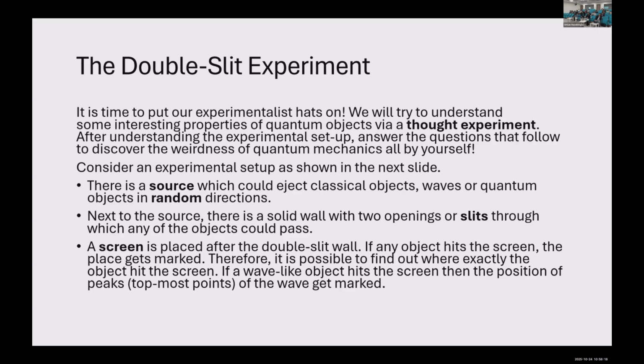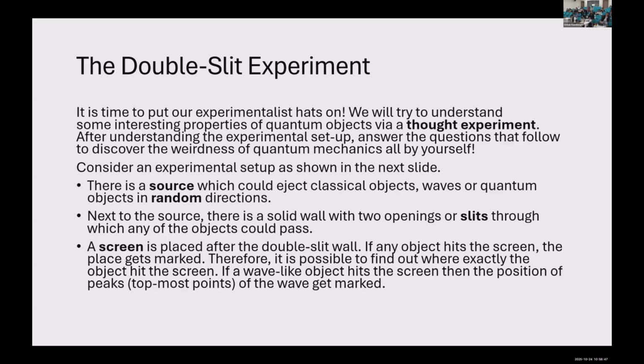Consider an experimental setup that will be shown in the next slide. There is a source which could eject classical objects like a tennis ball, waves or quantum objects in random directions. That's the source. Next to the source, there's a solid wall with two openings that we call slits, through which any of the objects could pass.